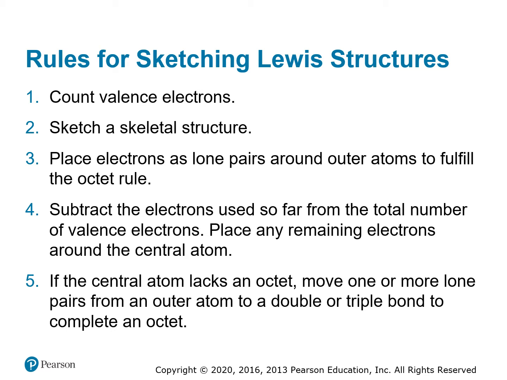Whatever electrons remain, you put around the central atom. If the central atom does not have an octet, you move one or more lone pairs of electrons from the outer atoms, and you can form a double bond or a triple bond to complete the octet. Okay, so these were just the rules. Now I'll show you.